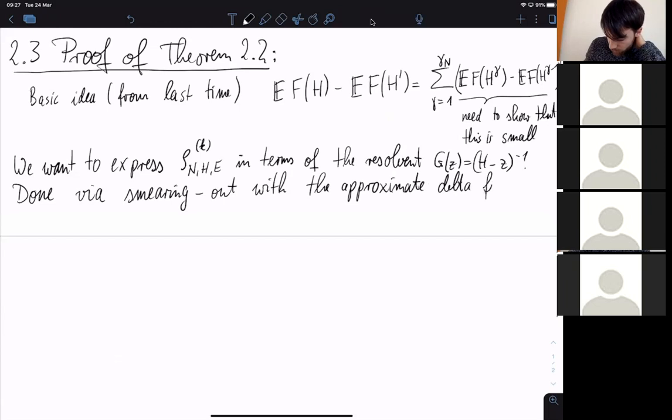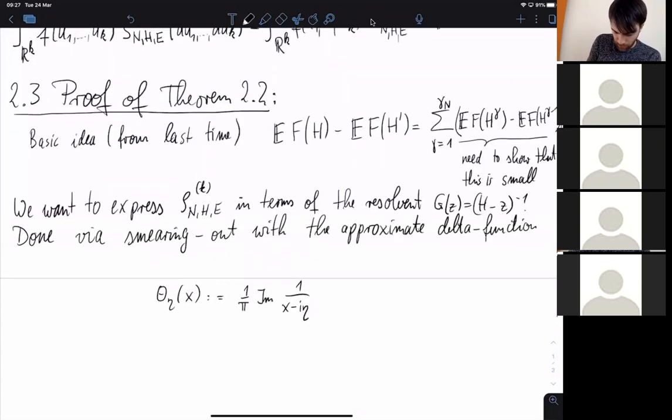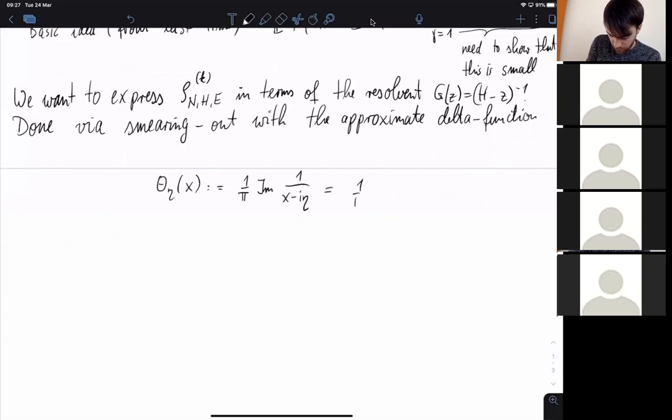And this function we'll choose naturally, because in all this business of resolvent and Stieltjes transform, the following function appears. So we have the imaginary part of 1 over x minus i eta, where eta is again the spectral scale, and then of course this imaginary part is easy to compute.